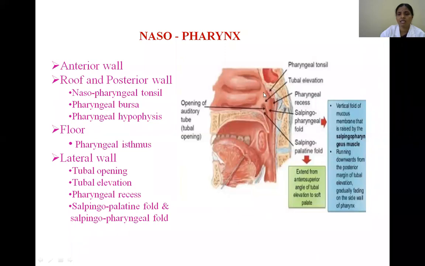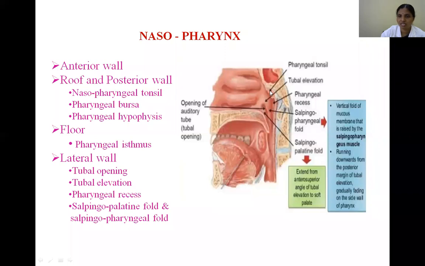So the anterior wall is deficient, and through it the nasopharynx communicates with the nasal cavity. What is that opening called? Choana, or posterior nares. Through the posterior nares, the nasopharynx communicates with the nasal cavity. Then what are the roof and posterior wall? See, this is the roof and posterior wall.